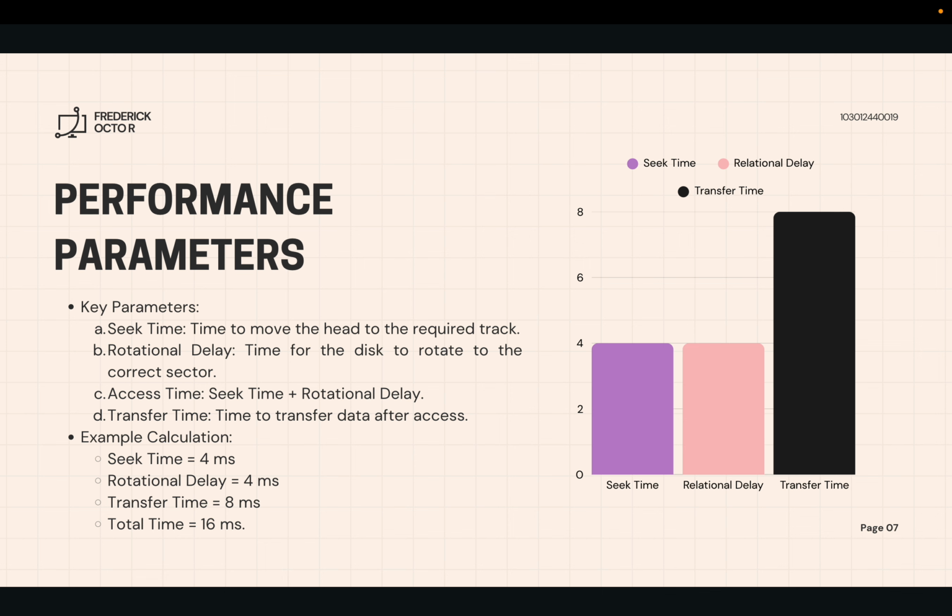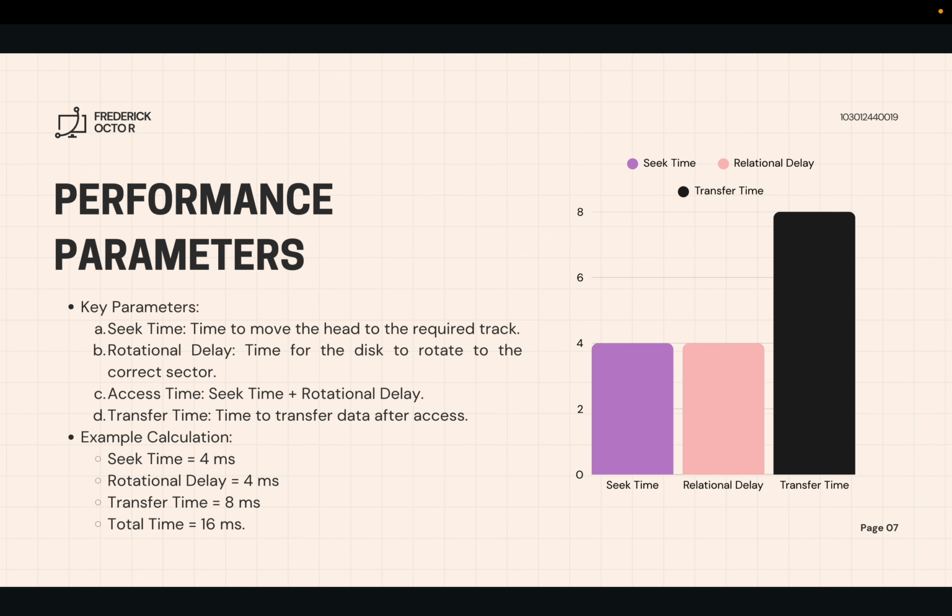Okay, let's move on to performance parameters. To evaluate the performance of external memory, we consider several parameters. The first one is seek time, the time needed to move the head to the desired track. The second one is rotational delay, the time required for the disk to rotate to the correct sector.